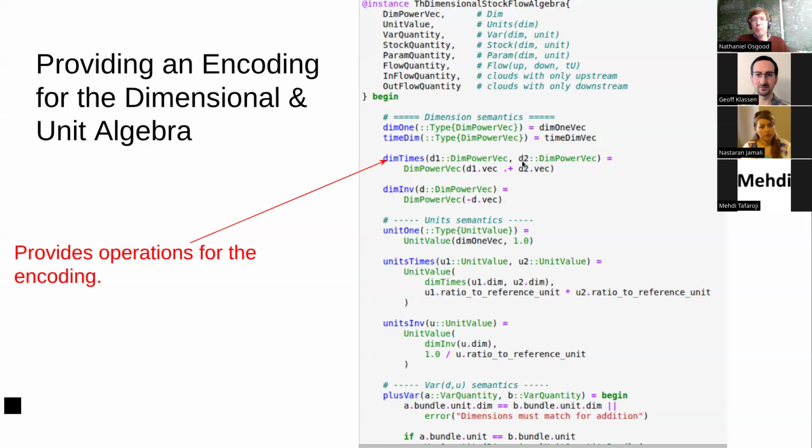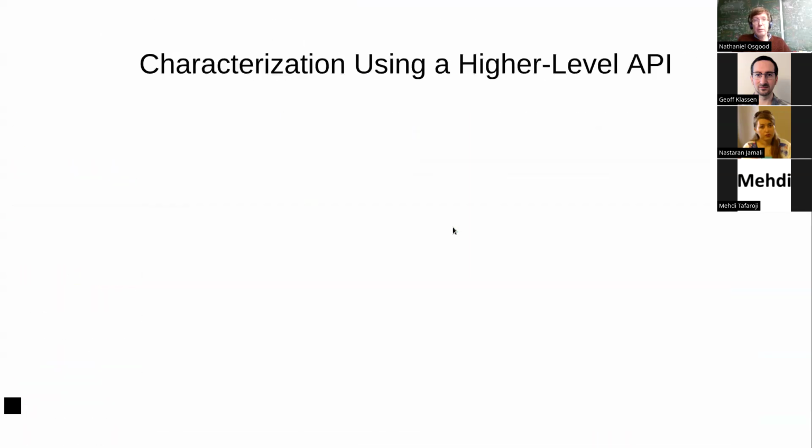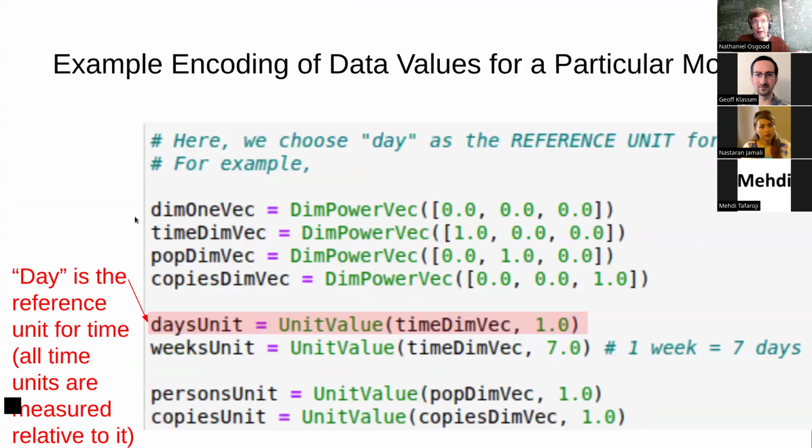And so we're going to define specific encodings for, like, the dimensional vector, particular values associated with quantities, and in particular units relative to some kind of reference unit for a given dimension.